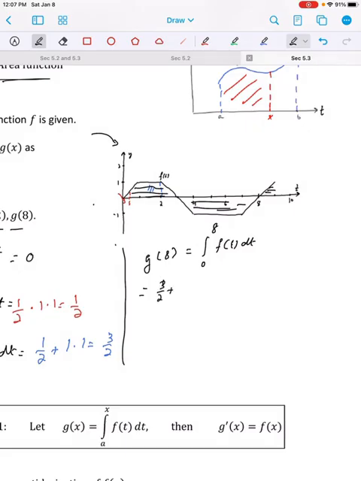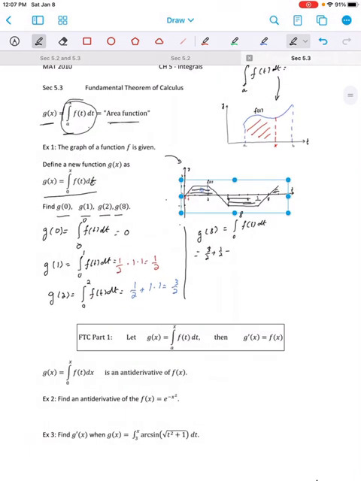portion below the x-axis. Now you can use the formula for the area of a trapezoid, or you can divide it into two triangles and a rectangle. So it will be minus 1 half plus 2 plus 1 half, and then plus 1 half from the top.